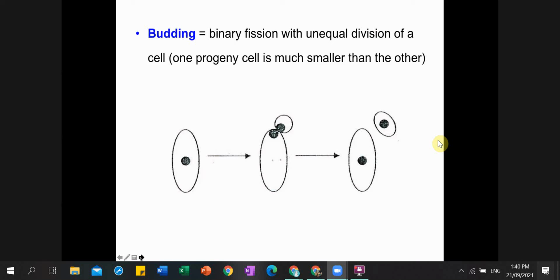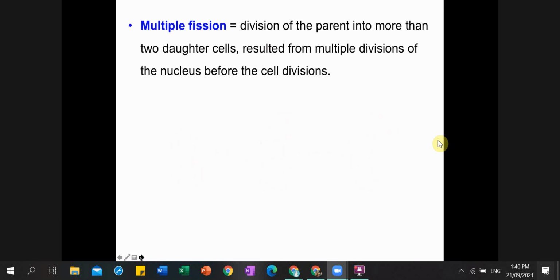And the other type is so-called multiple fission. It's very different, and it's a very special way of reproduction in protozoa. It only occurs in some groups of protozoa. Multiple fission means from one parent cell into more than two daughter cells. The simple binary fission is from 1 into 2, but here it's from 1 to more than 2, usually thousands.